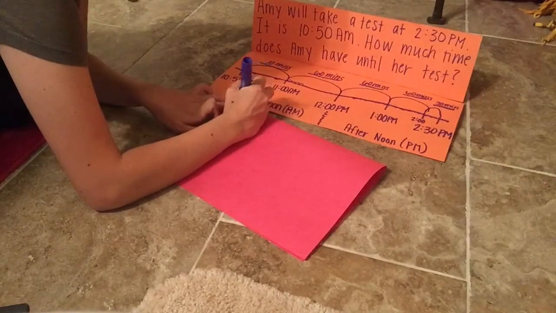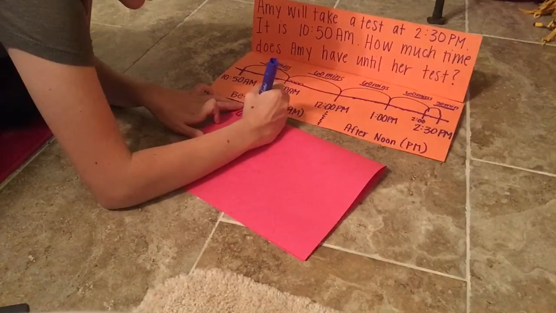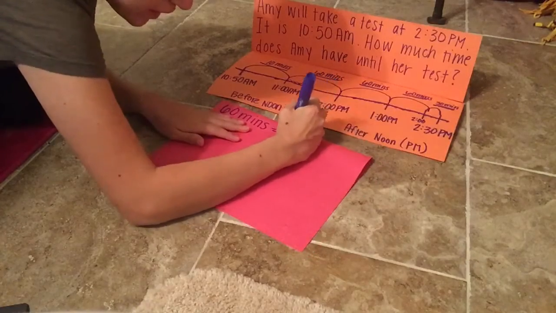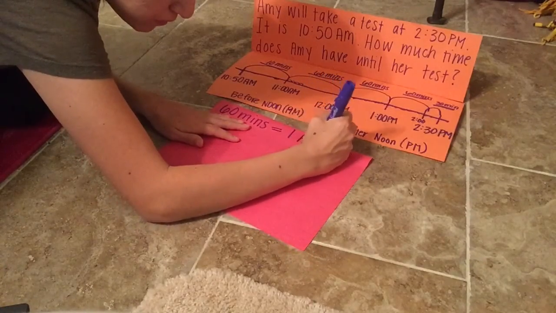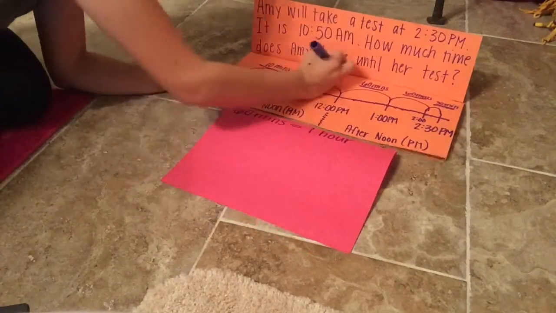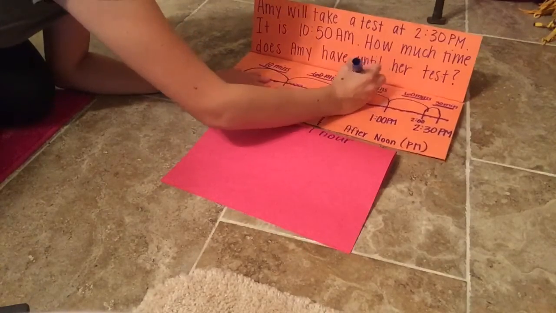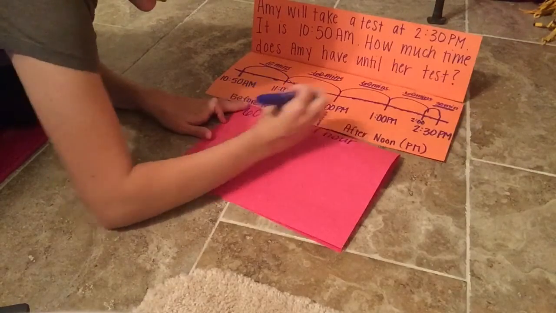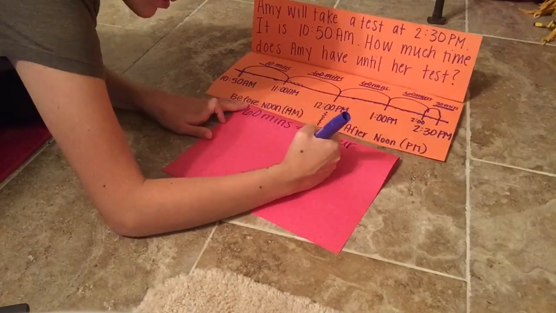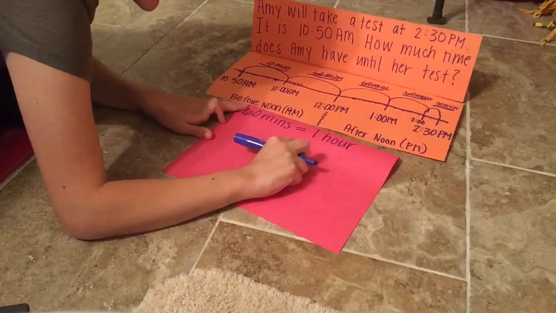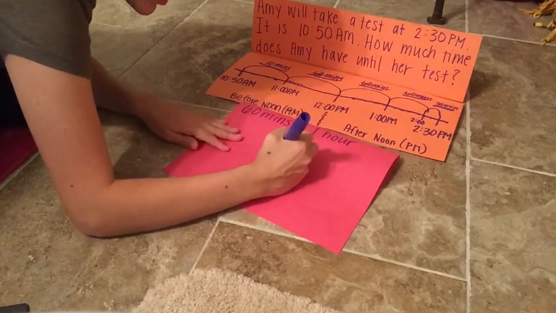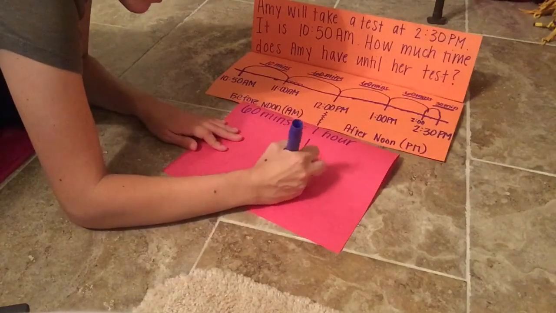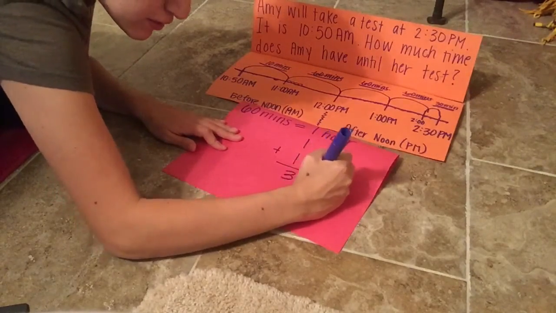So we know that 60 minutes equals 1 hour. So I have 1 60-minute, 2 60 minutes, and 3 60 minutes. So this is our first 60 minutes, our second 60 minutes, and our third 60 minutes. So I have 1, 2, 3. Right now we're at 3 hours.